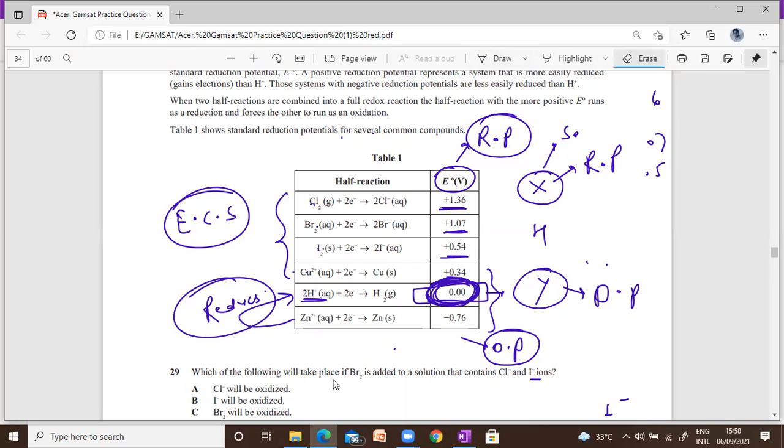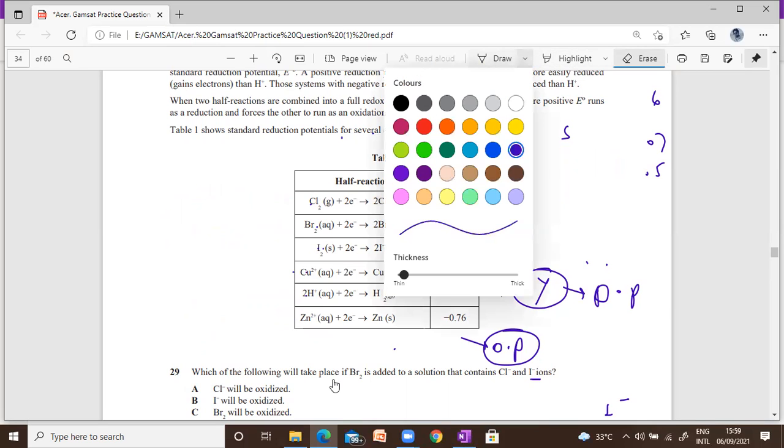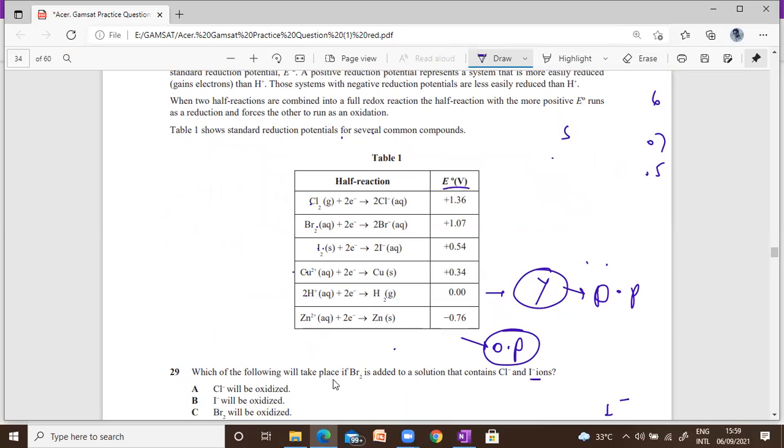Suppose I am talking about the nature of chlorine and bromine. You can say chlorine has the highest value, positive 1.36. So chlorine's self reduction, I already told you, means best oxidizing agent.